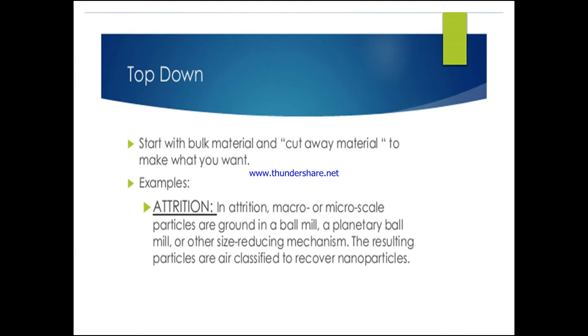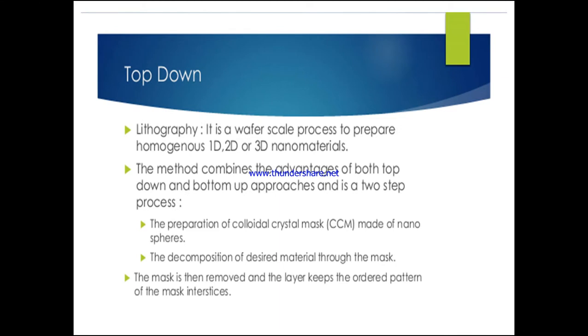In the last session, we discussed the ball milling process, the high energy ball milling process, in which the nanomaterials are synthesized by attrition. We also discussed lithography, which is used to prepare homogeneous one-dimensional or three-dimensional nanomaterials.